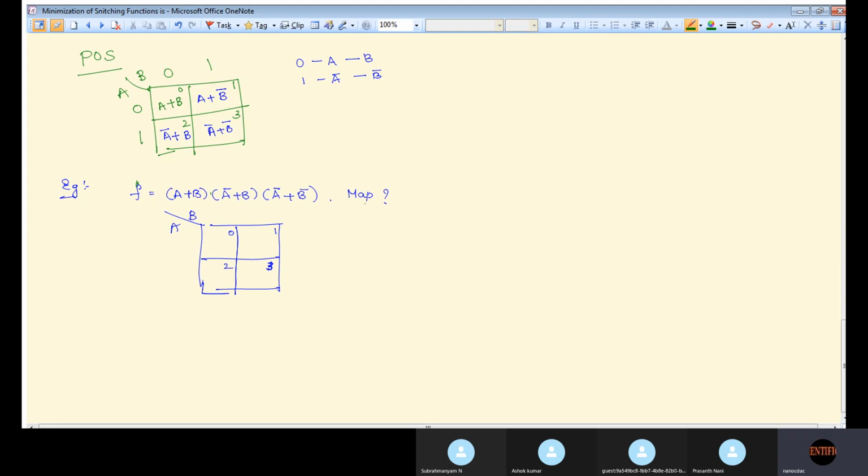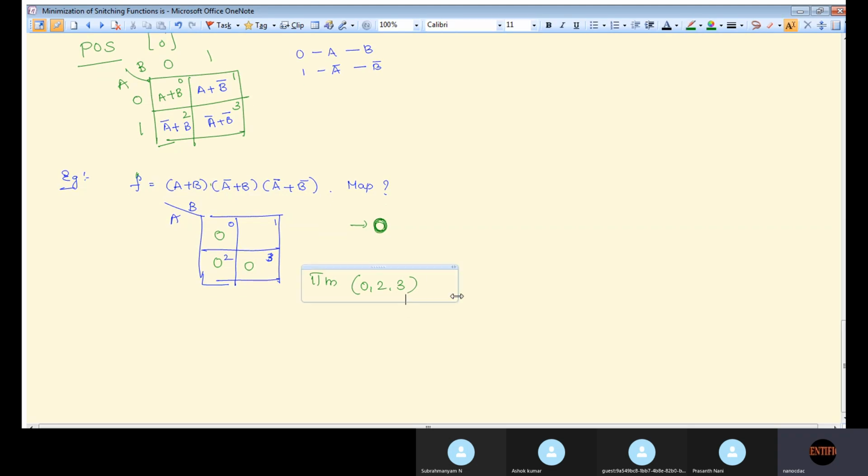In POS form we need to use 0 to fill the block. So 0 to fill the block in POS form. A plus B is 0 to 3. In POS form we should use 0 to fill the block. So pi M will be equal to 0 to 3. Okay, this way you need to map.